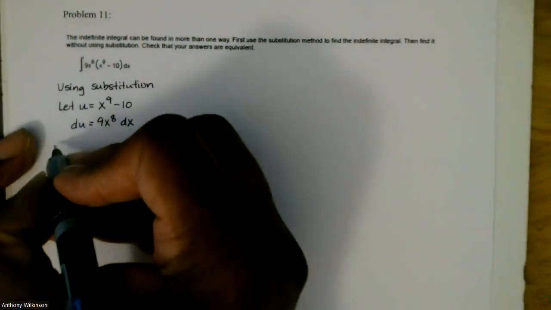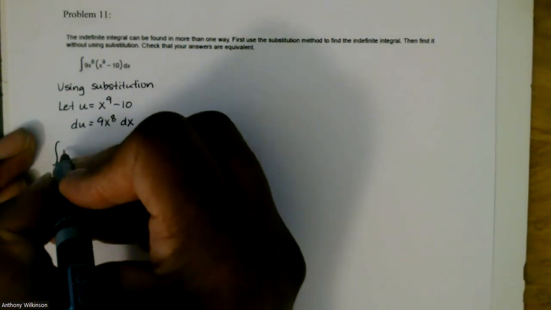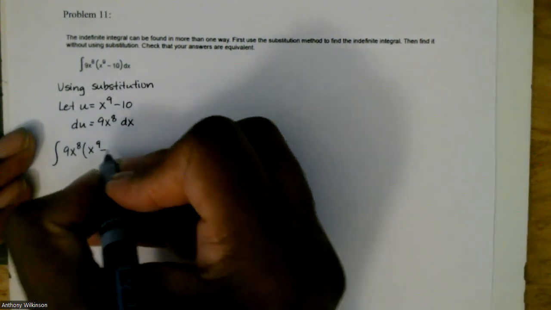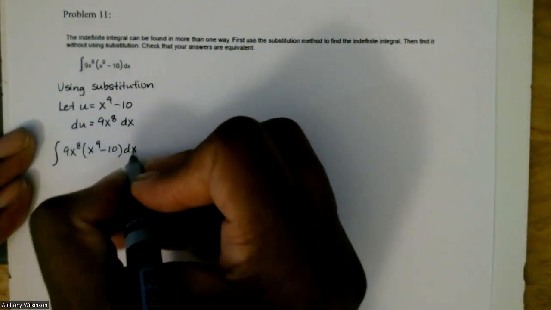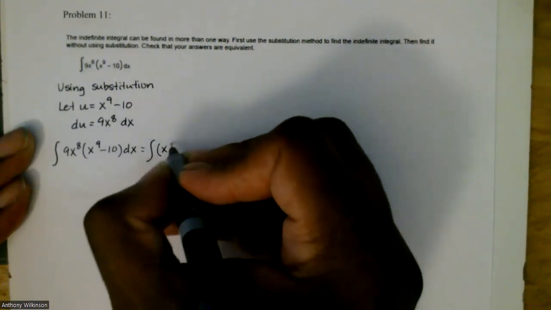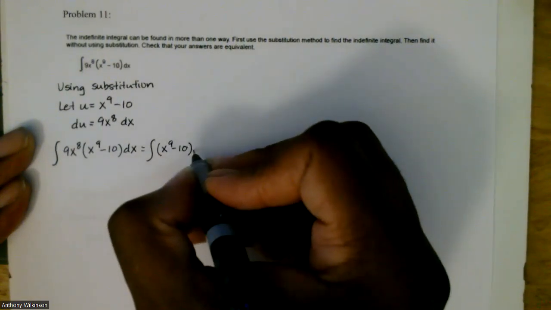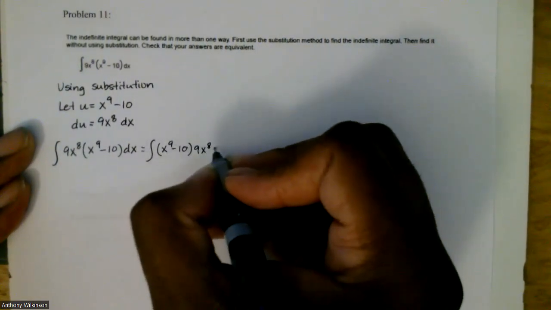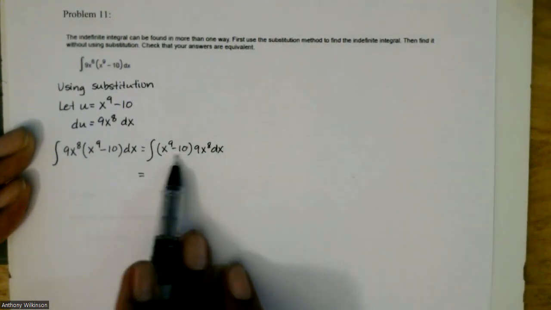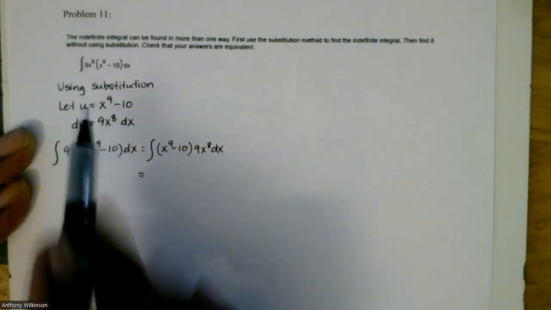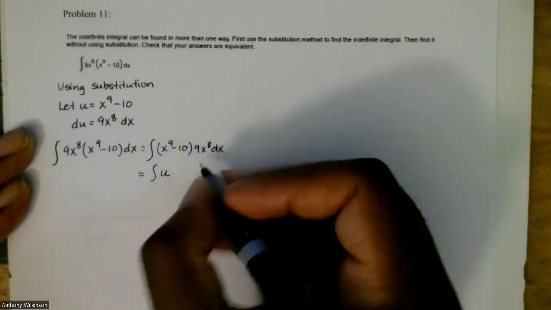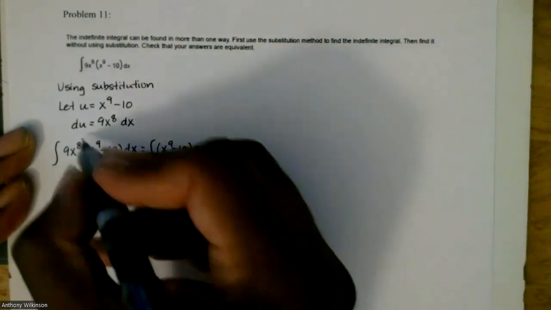Okay, so let me go ahead and copy this over. Another way of writing that would be x to the 9th minus 10 times 9x to the 8th dx. You can see here I can do the appropriate substitution. That x to the 9th minus 10 would be u, so it'd be the integral of u times 9x to the 8th dx, that is du.